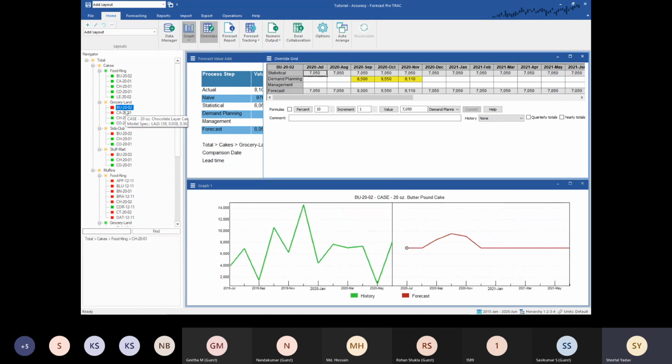And then there would be some input that would come in from your demand planners, from the management, or from the sales team. So you can have all of those rows created within Forecast Pro, and Forecast Pro would help you track that information at these levels. So this is my forecast, this is my actual.